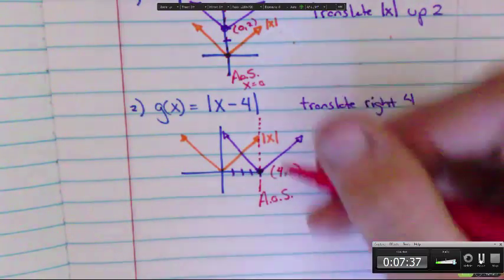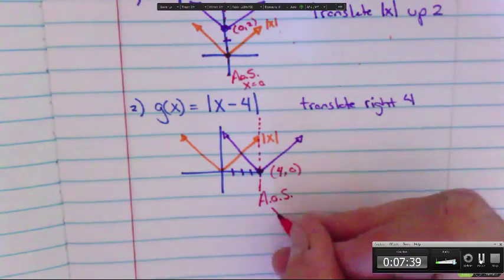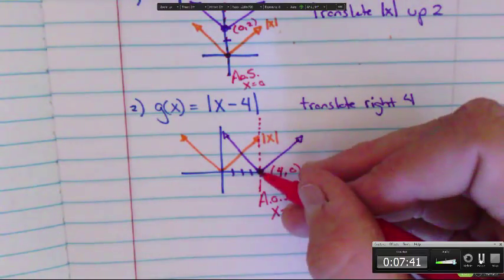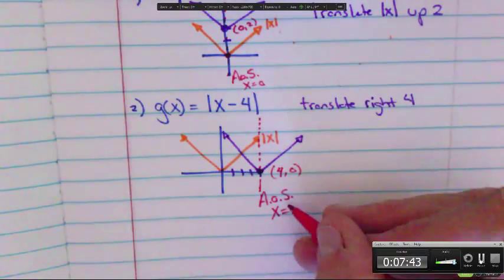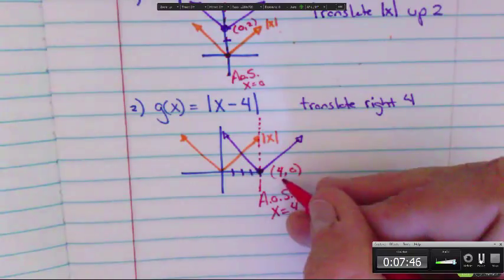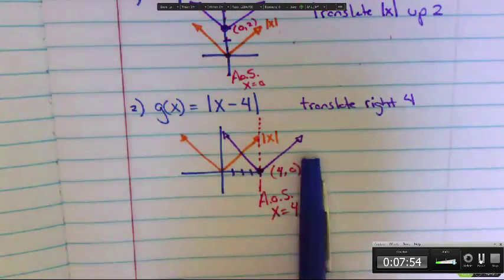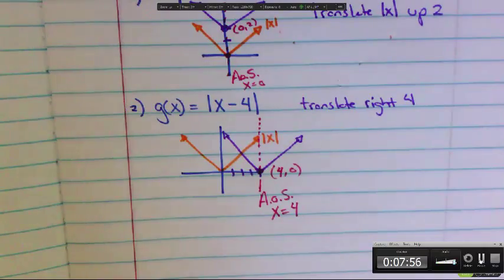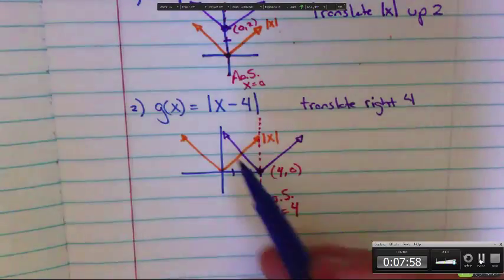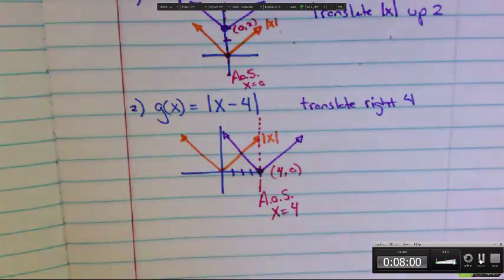Our axis of symmetry is now a vertical line, and it's x equals the x-intercept, 4. It's always x equals the numerical value of the x-coordinate of our vertex, so x equals 4. And that should make sense because if you were to imagine reflecting this V-shaped line over x equals 4, which is a vertical line, the picture of x minus 4 remains the same.